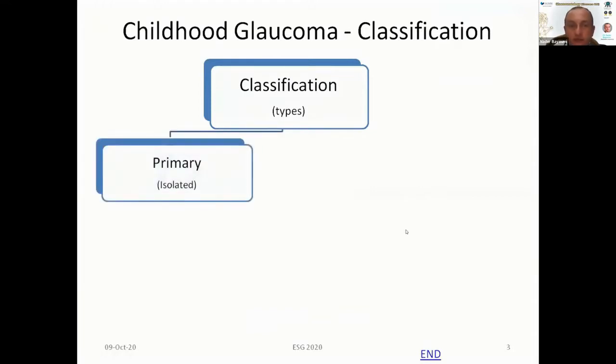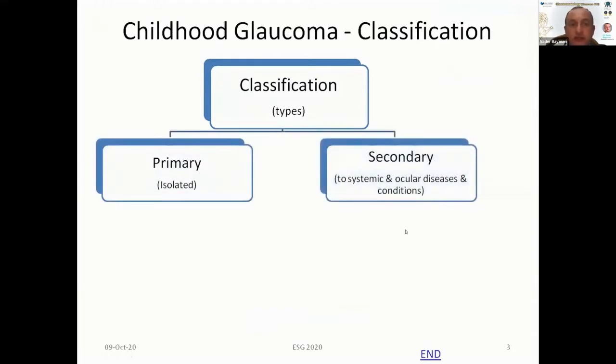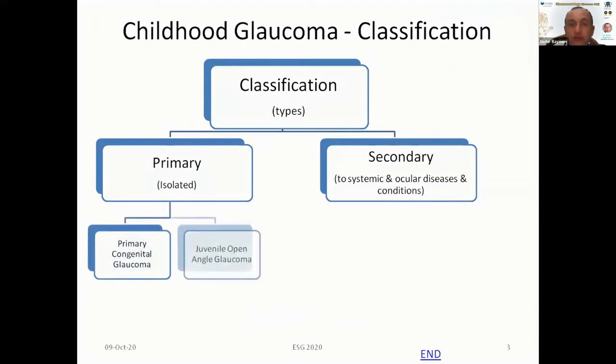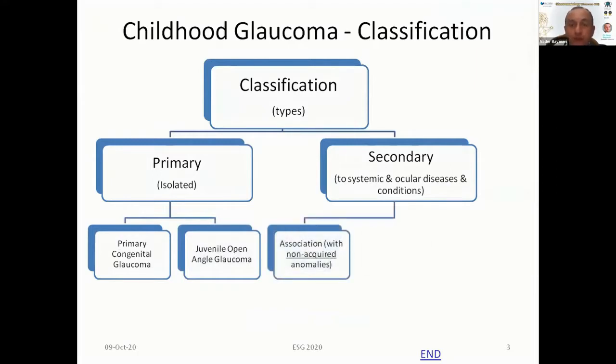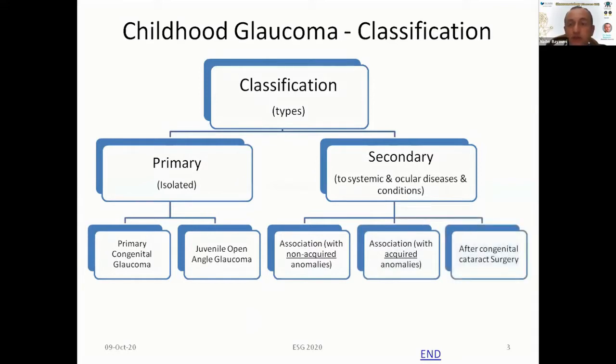Now, childhood glaucoma is recently classified into primary or isolated childhood glaucoma and glaucoma secondary to systemic and ocular diseases and conditions. The primary or isolated is further classified into primary congenital and juvenile open-angle glaucoma, whereas the secondary may be associated with non-acquired ocular anomalies, be these ocular or systemic, or associated with acquired ocular anomalies, or a specific entity known as glaucoma after congenital cataract surgery.